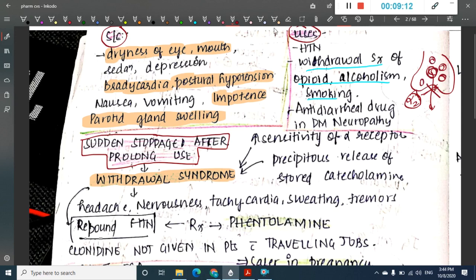So once you stop this alpha 2 activation, these are free to get released. The increased catecholamines will release as a burst, and this will lead to the withdrawal symptoms which include headache, nervousness, tachycardia, sweating and tremors.